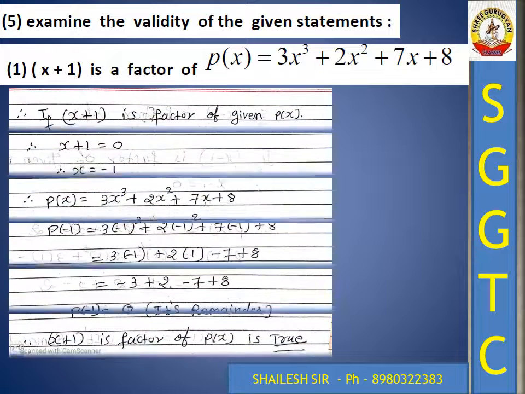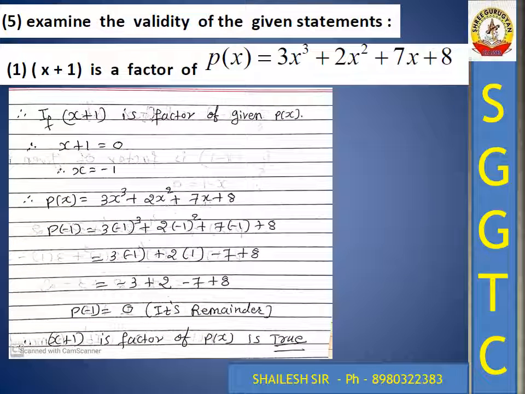So given the term x plus 1, I take it equal to 0, so x equal to minus 1. Apply the same in the given px in place of x, calculate further and check whether the last remainder comes 0. Yes students, here p of minus 1 comes 0. And whenever your remainder is 0, surely it indicates a factor. So that's why I finally declare x plus 1 is a factor of the given px and my statement is true.